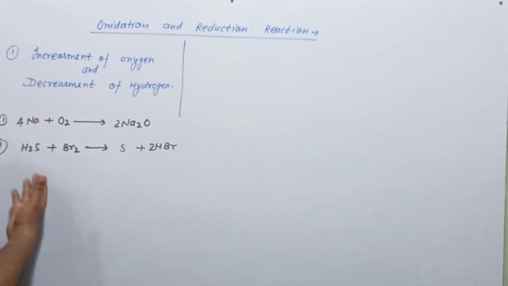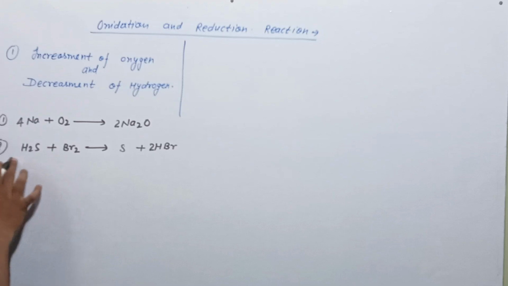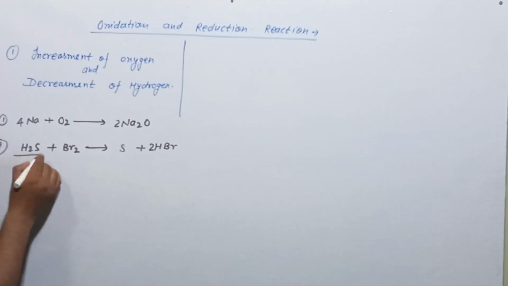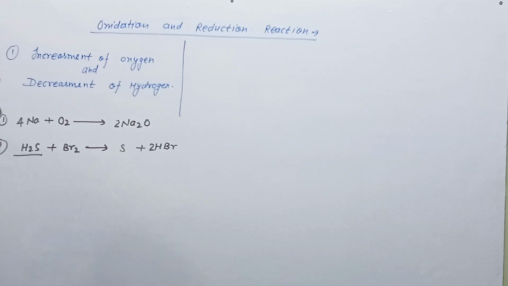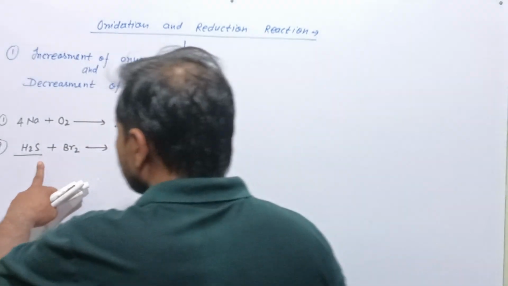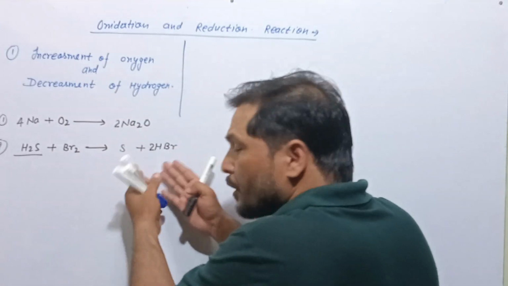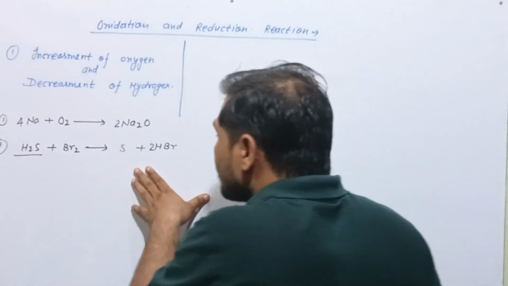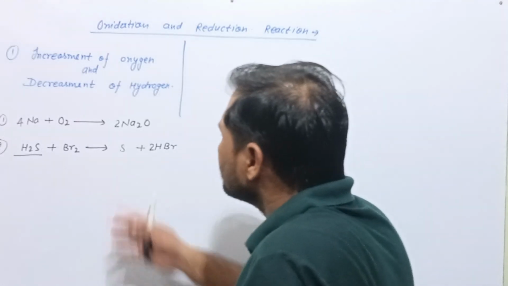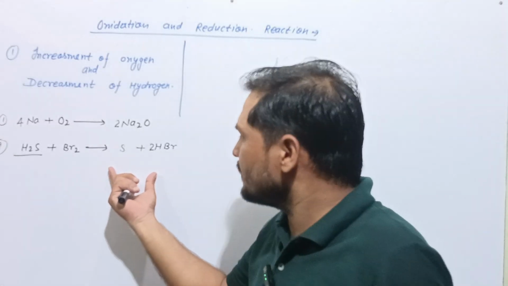Let us see it here. In the reactant part, sulfur is with hydrogen, but in the product part, after the reaction, sulfur is alone.